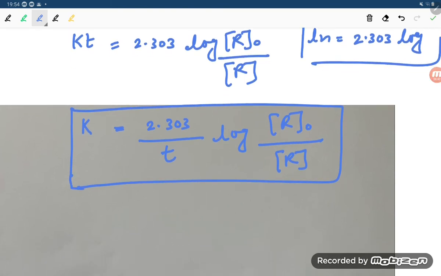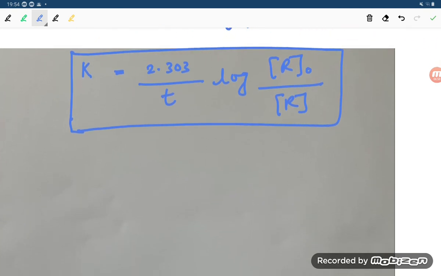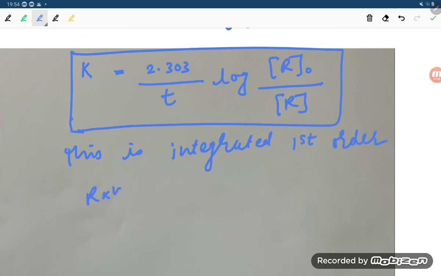So k is equal to 2.303 by t log R naught upon R. This is the integrated first order reaction expression.